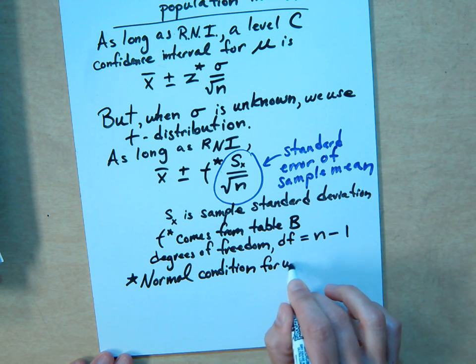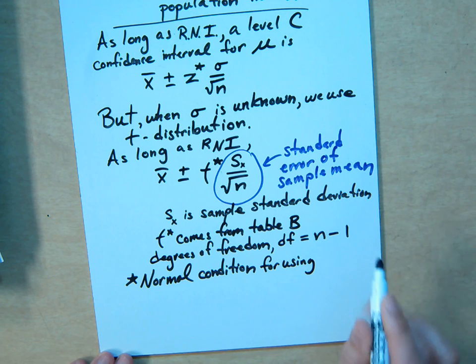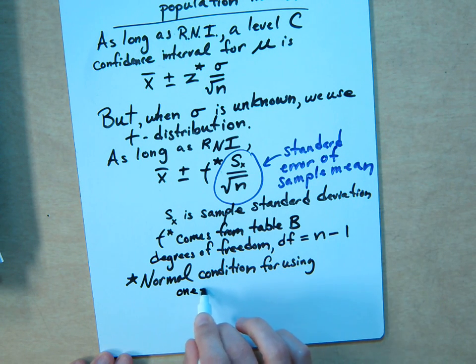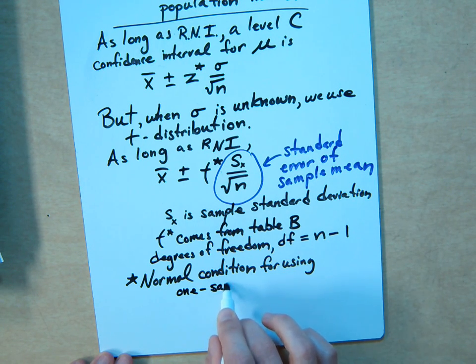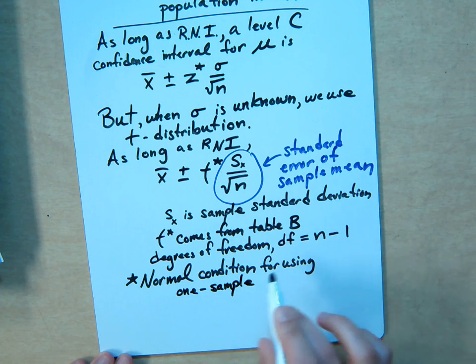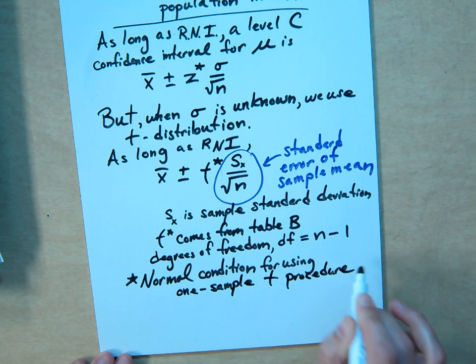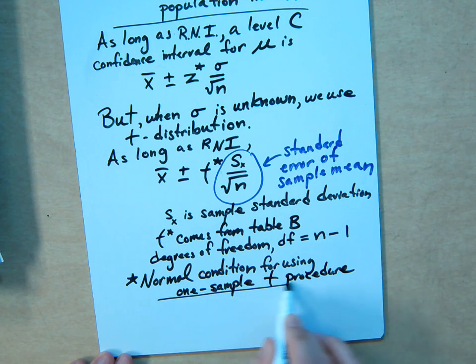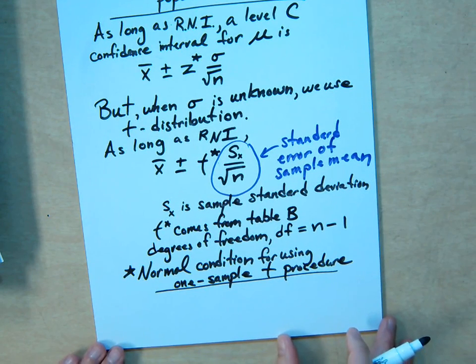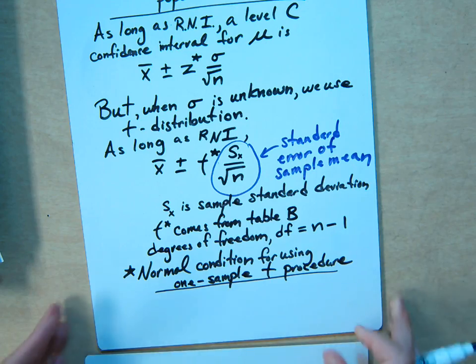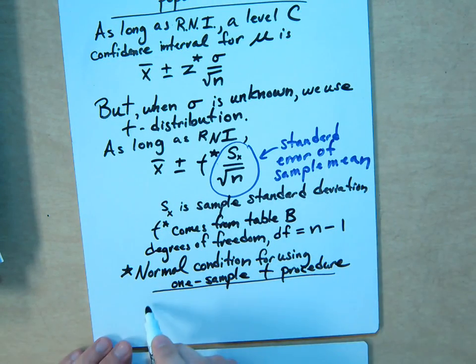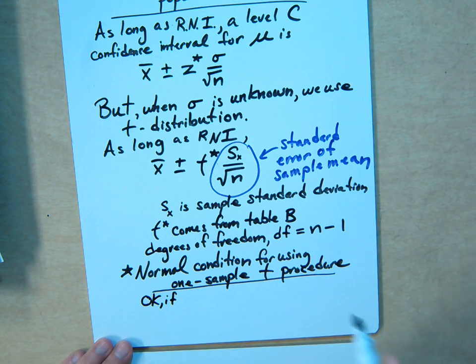This formula is called the one sample t procedure. Everything's one sample for now. When you're checking the normal condition, it's okay to use this procedure if the population distribution is normal to begin with. You would have to be told that.